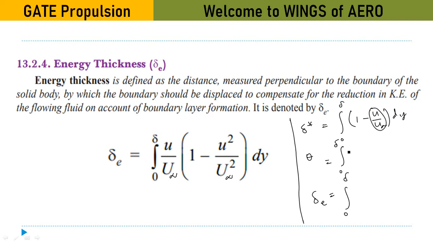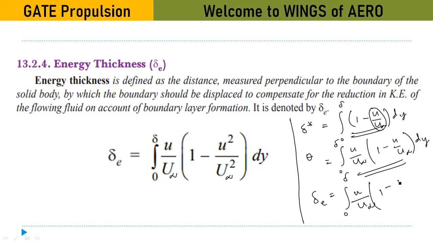Now apart from that we have one more term, which they sometimes ask about, called the shape factor. Now what is this shape factor? It is denoted by the ratio of the displacement thickness over the momentum thickness. Shape factor is denoted by capital H, though again it depends on the author. H equals del star by theta.